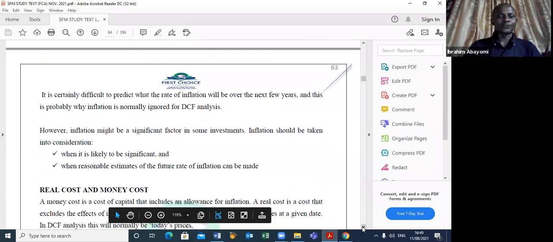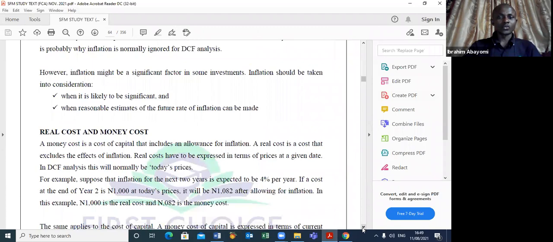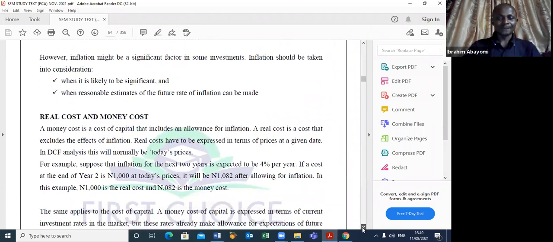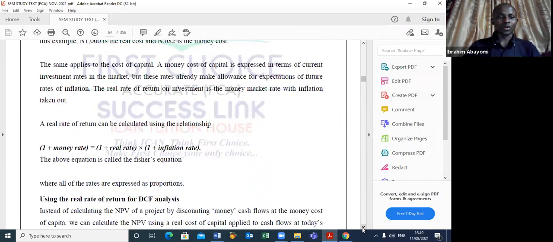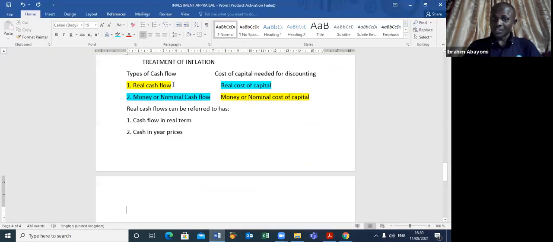For you to convert from real to nominal or vice versa, first of all, for cash flow, let me be specific. I told you that the inflation rate that affects cash flow and cost of capital is general.